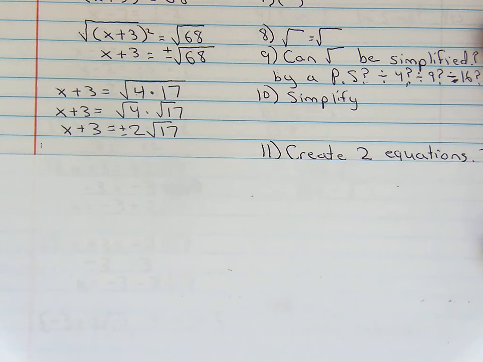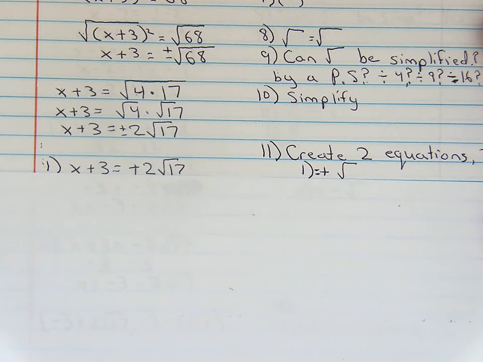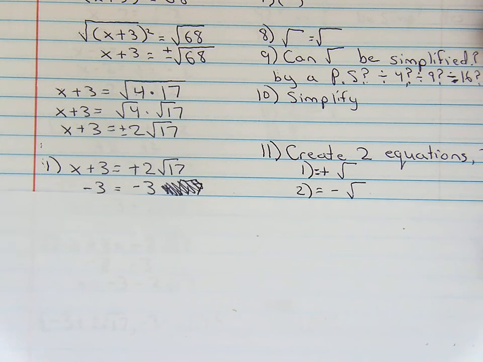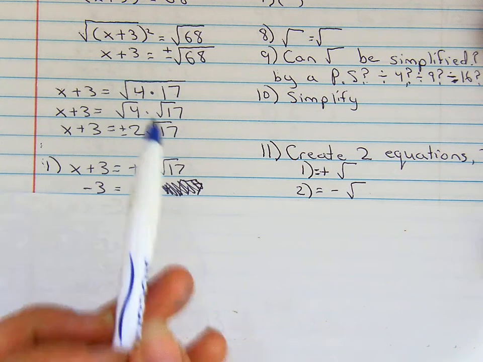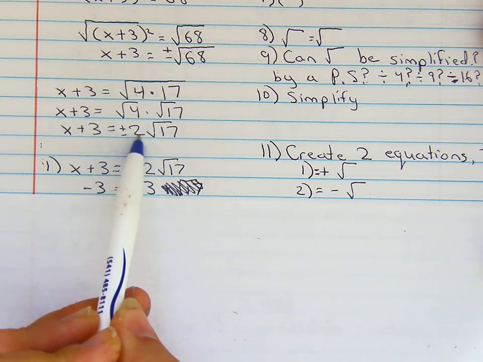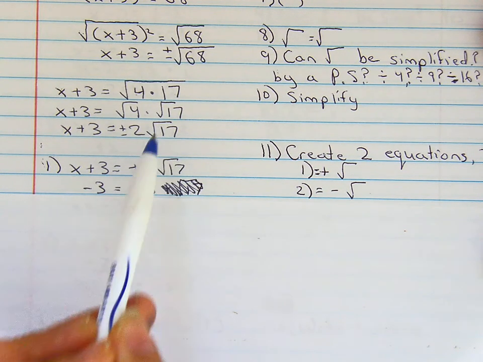And so once we simplify, we're going to create 2 different equations. So now we're back with making 2 equations, one with a positive answer, one with a negative answer. So we created this using my positive 2 square root 17.